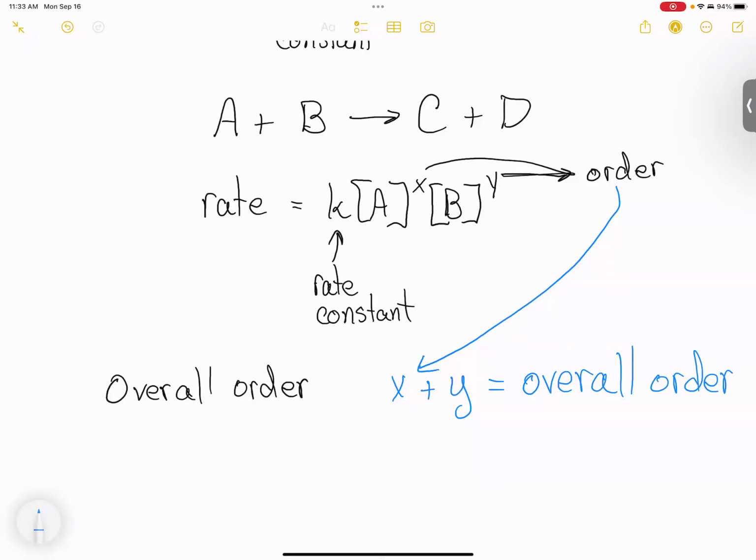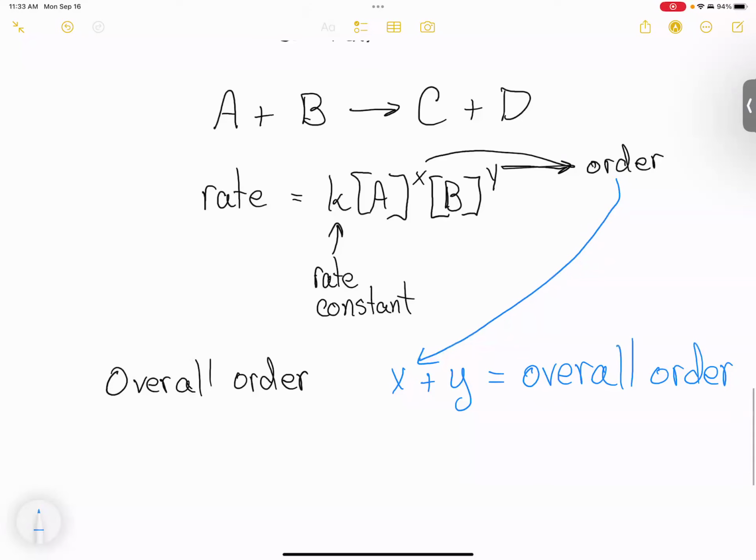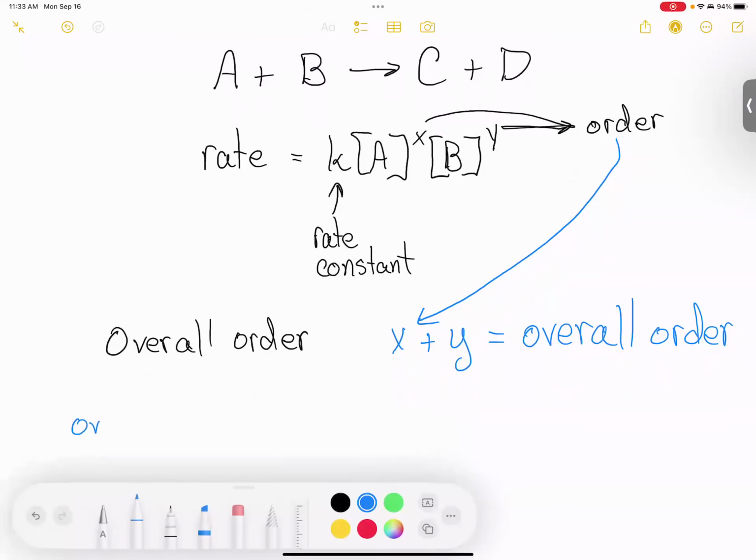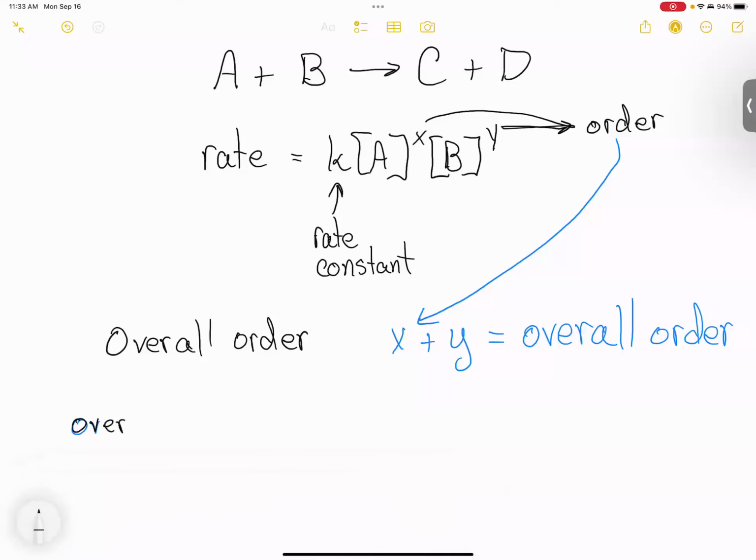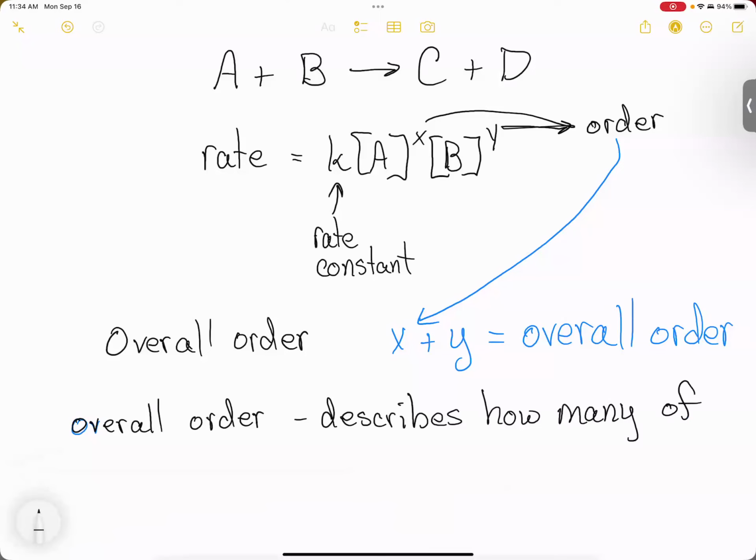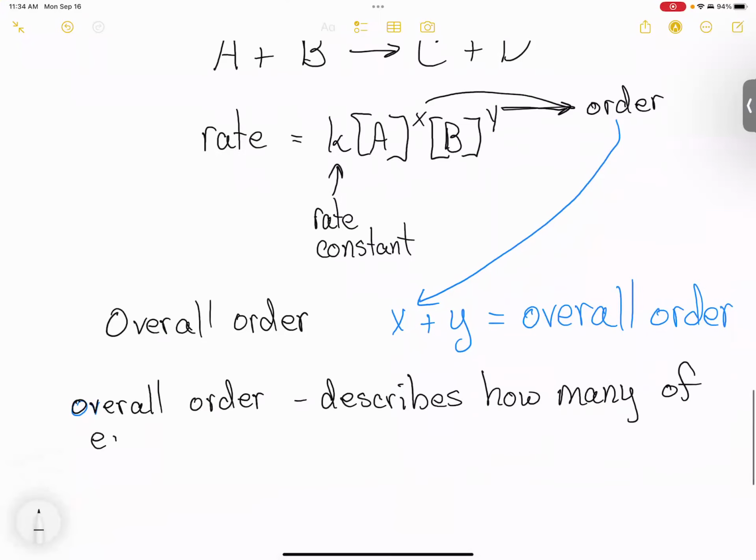So when we're describing this overall order, what you're actually describing is how many of each molecule collides to cause the reaction.